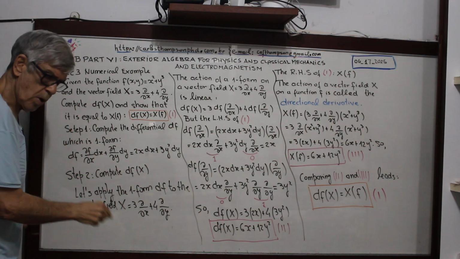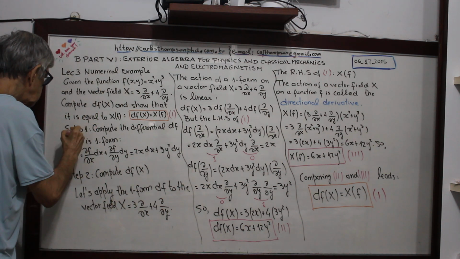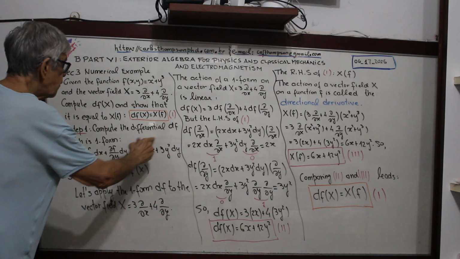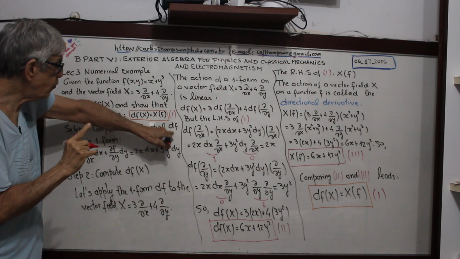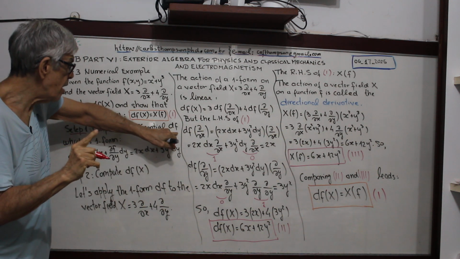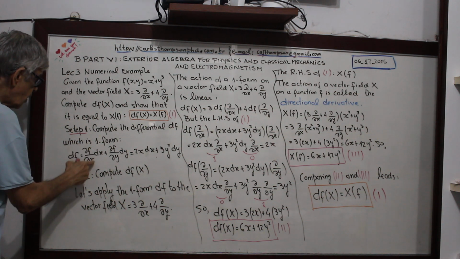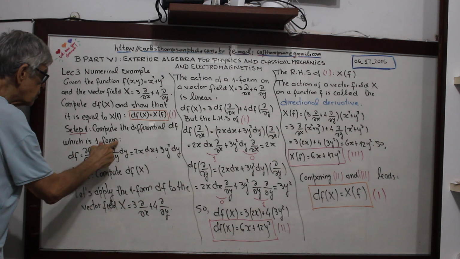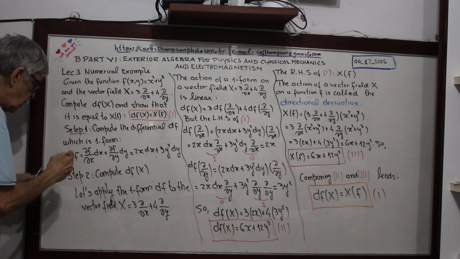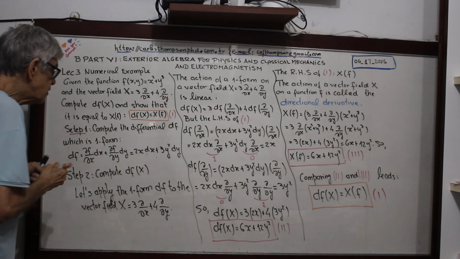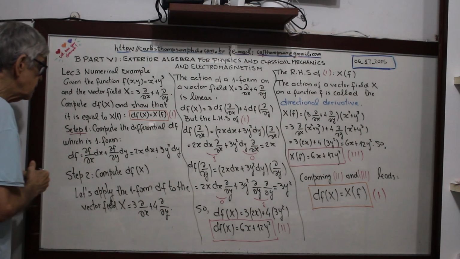Now, step 1: compute the differential df, which is a one form. Attention, f is a 0 form, df is a one form. So df is partial f with respect to x dx plus partial f with respect to y dy. Recall that dx and dy are the basis of the cotangent space, the dual space.